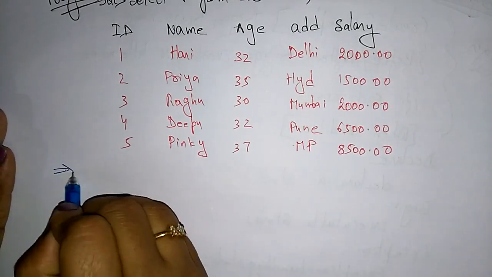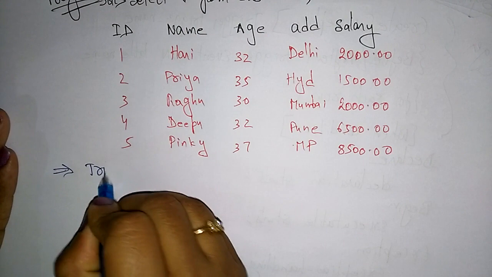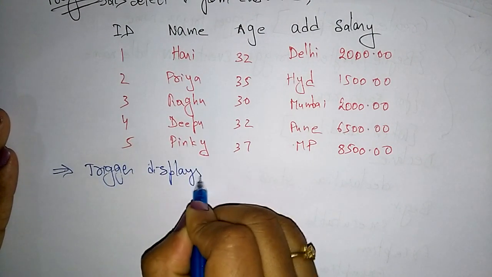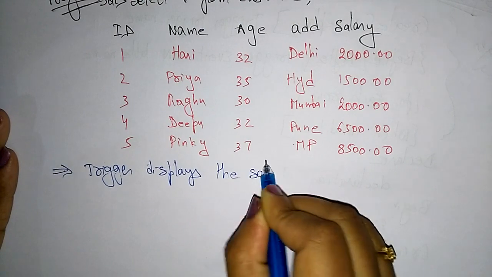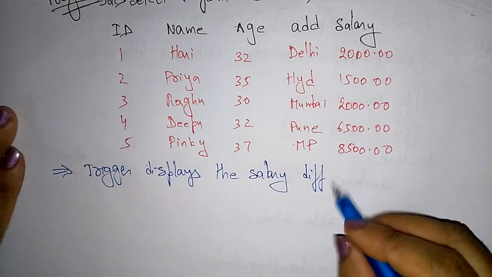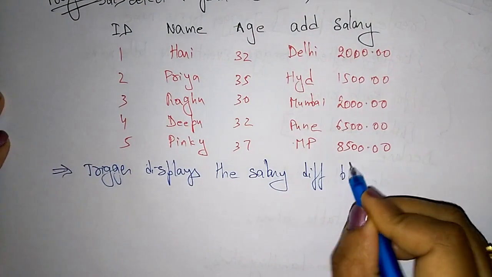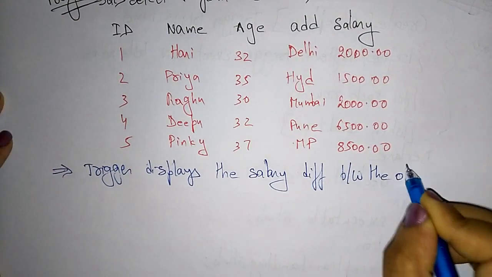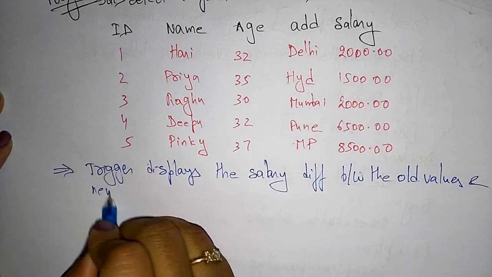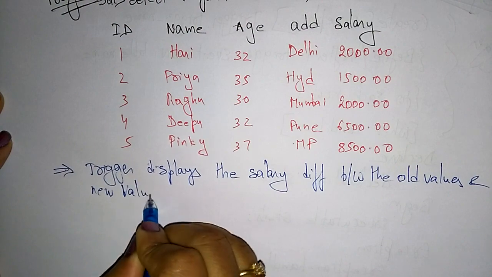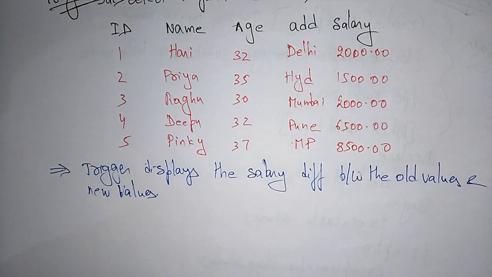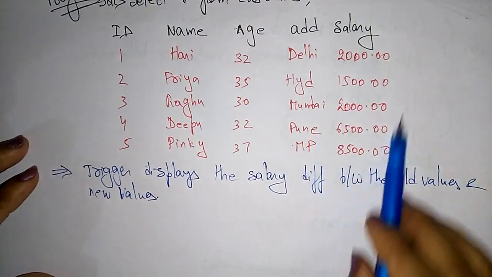Now suppose I want to write a program for the trigger that displays the salary difference. The trigger displays the salary difference between the old values and new values. Okay, so on this table I want to update the salary.